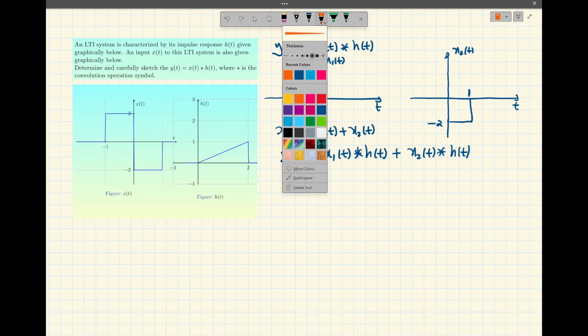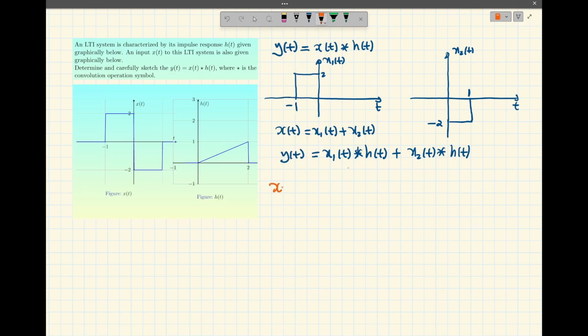So x2 of t is equal to x1 of t shifted to the right by 1, and then scaled in amplitude.